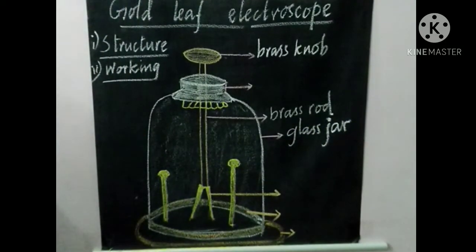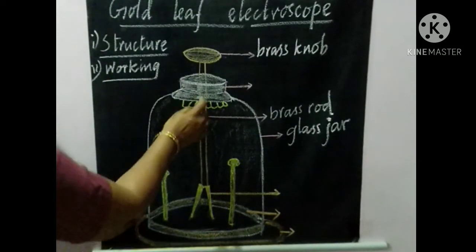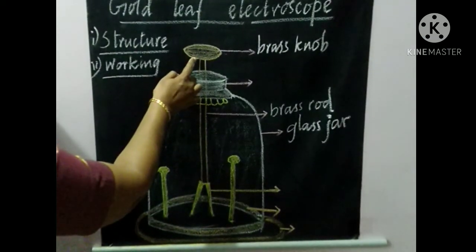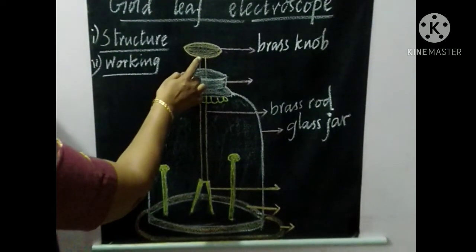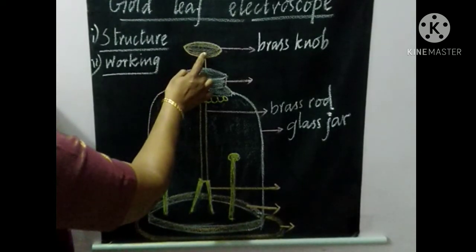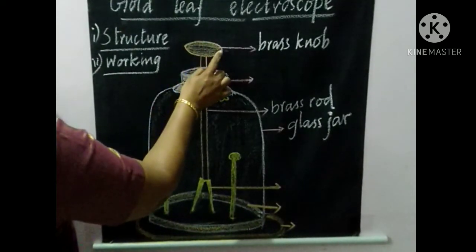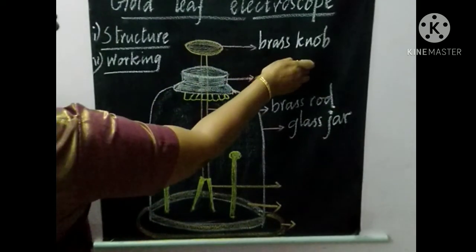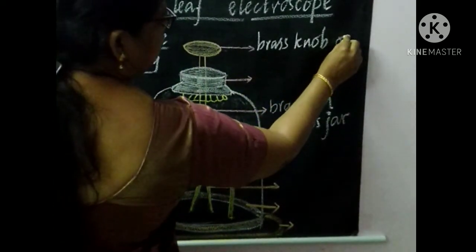Okay. Then the top of the brass rod has a horizontal brass rod or a knob. This is somewhat like a disc. So, brass knob or disc.